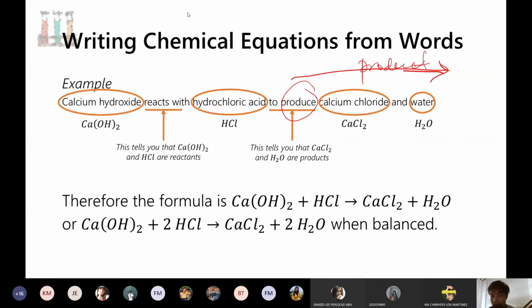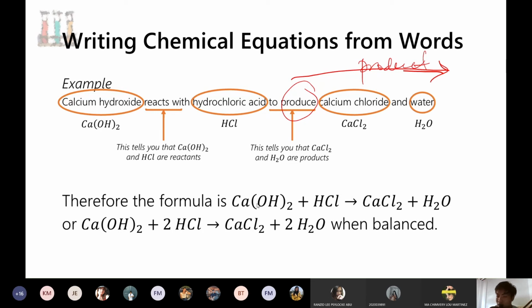Check the keywords lang. So, the formula is CaOH2 plus HCl, arrow, CaCl2, H2O. Okay? So, paano basahin yan? Calcium hydroxide reacts with hydrochloric acid to produce calcium chloride and water.